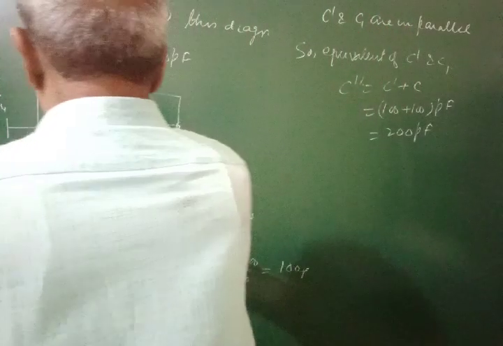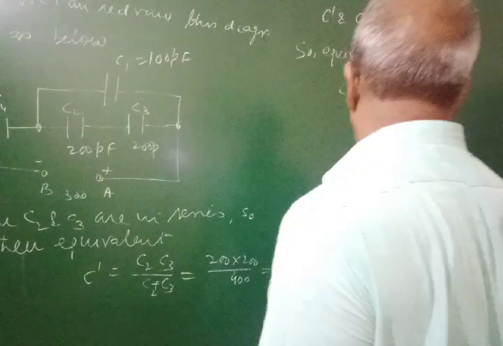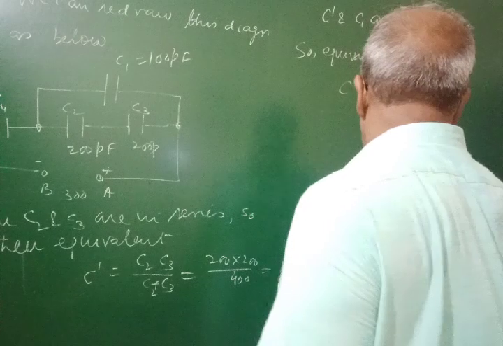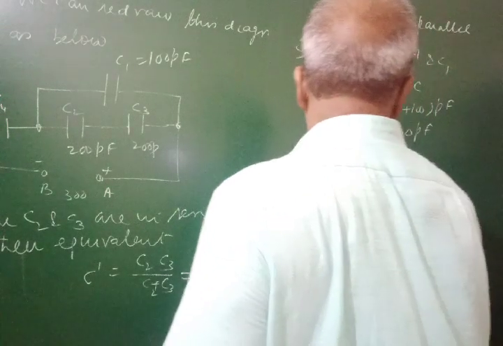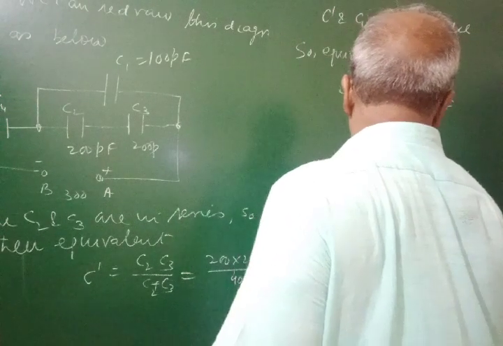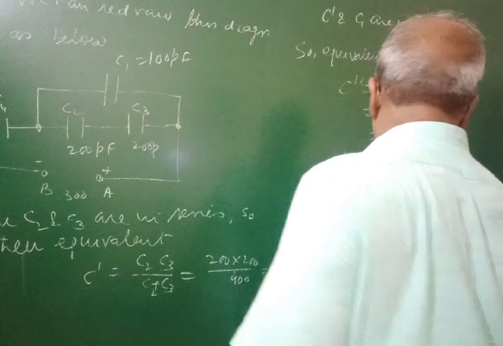You can draw it again like this. Now this is C double dash, which is equal to 200 picofarad.